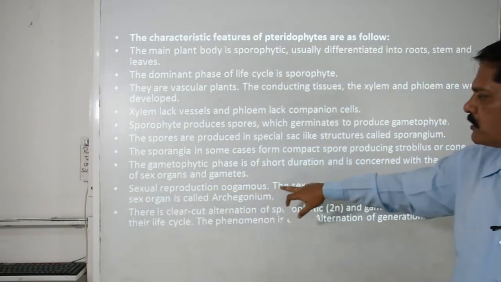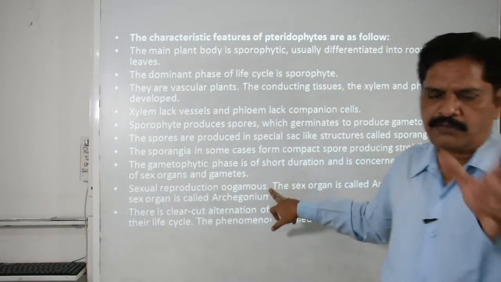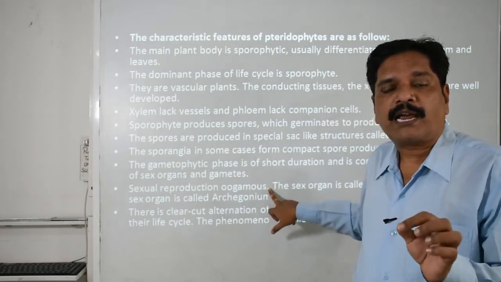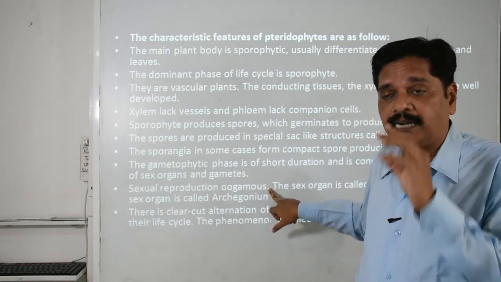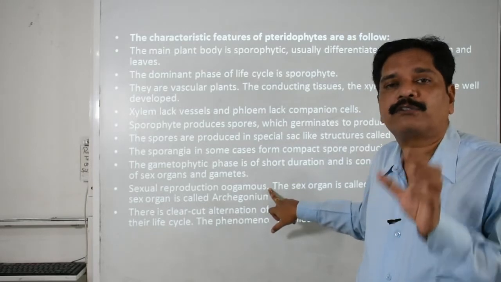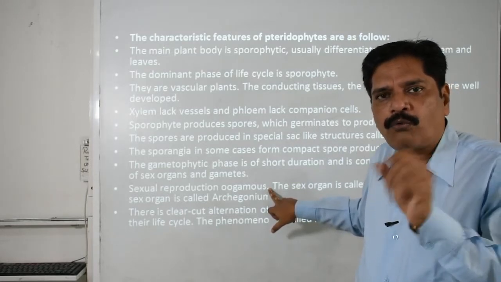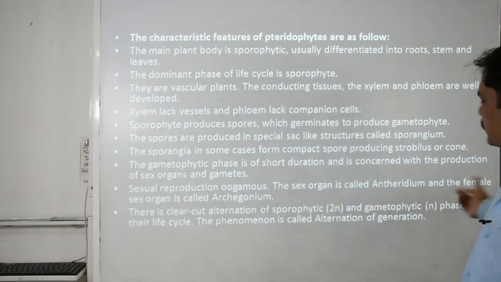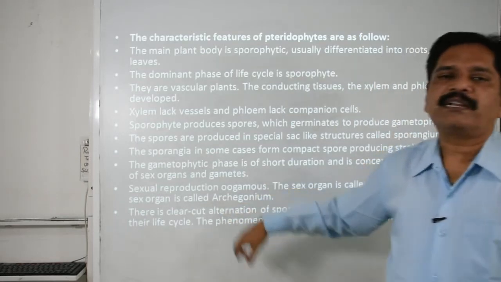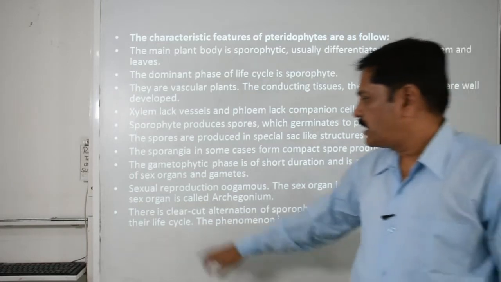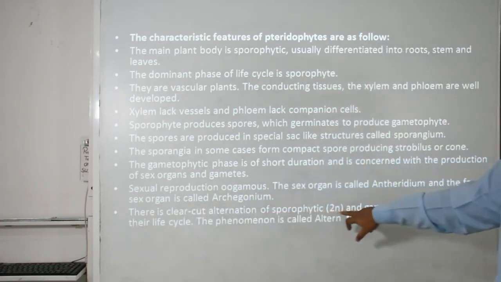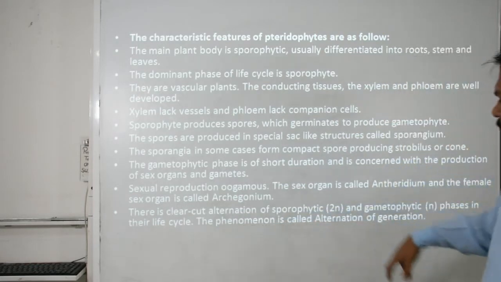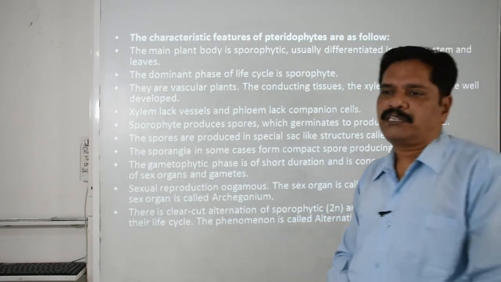Then the sexual reproduction is oogamous. What is the meaning of oogamous? Where the male gamete is motile, small, okay, and the female gamete is large, non-motile and oval shape in nature. That is called oogamous. Clear? And there is clear-cut alternation of sporophytic and gametophytic phase in their life cycle, and the phenomenon is called alternation of generation.